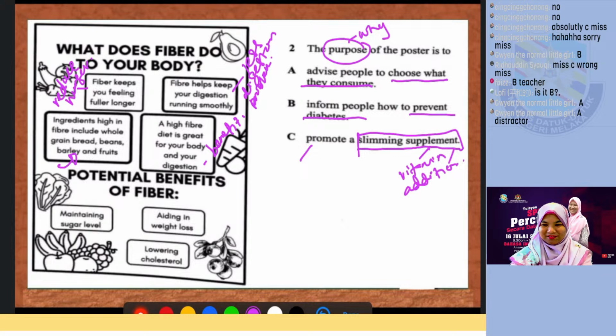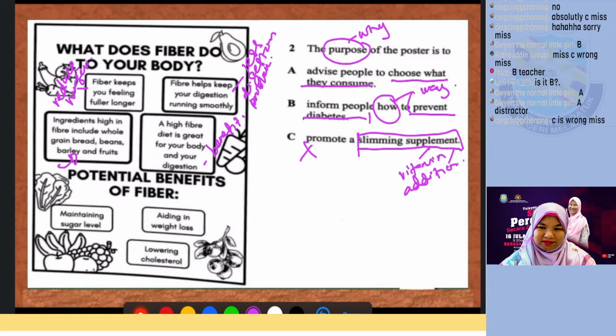Alright, let's go to B since most of you answered B. Inform people how to prevent diabetes. How refers to the way to prevent diabetes. Is there any given way to prevent diabetes here? Diabetes, I hope you know what diabetes is.